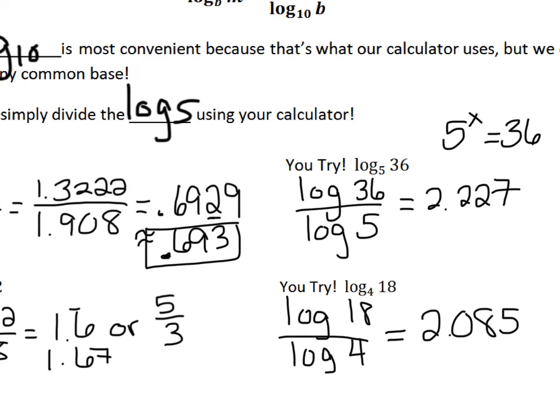And again, the two ways to type this into your calculator are either to do the number first, then the log button, divided by 4, and then the log button again, or type the log button first, then the number, divide by the log button and the number again.